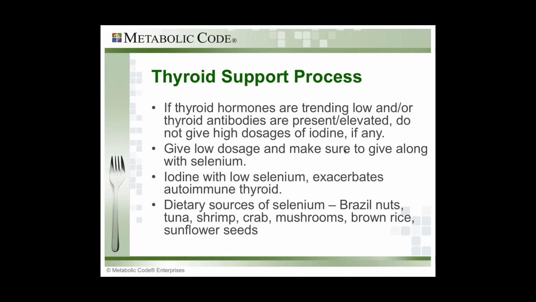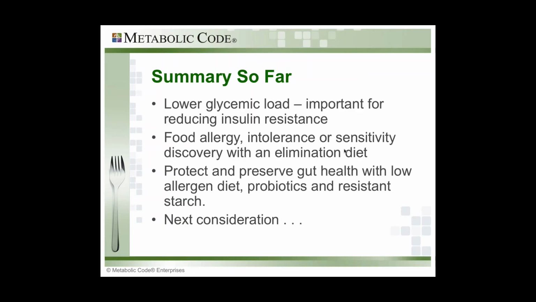This combination is known to exacerbate autoimmune thyroid, so it's best to stay away. In most autoimmune thyroid cases, we do not give Thyrostasis, for example. We don't give iodine, but we would give selenium. You can instruct the client on getting good dietary sources of selenium, but we feel better making sure to give it in supplement form. So in that case, we would give just selenium and not a blend of thyroid hormone nutrients.